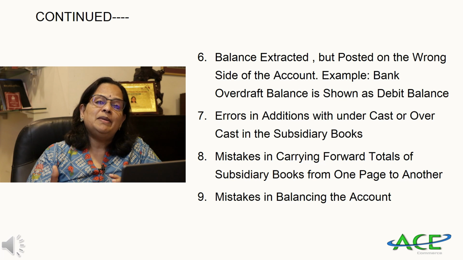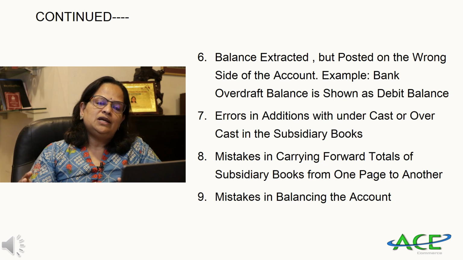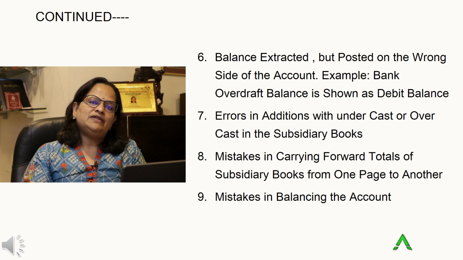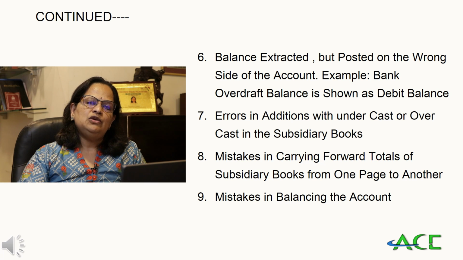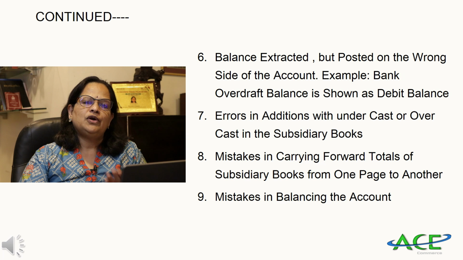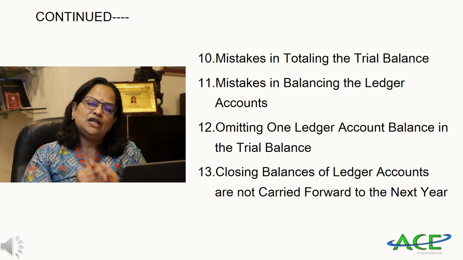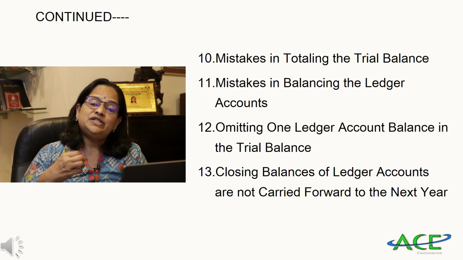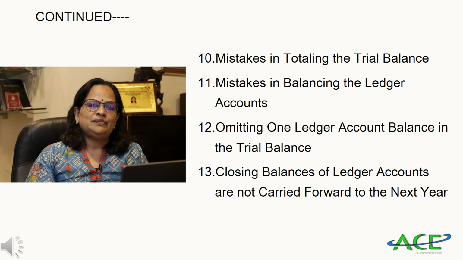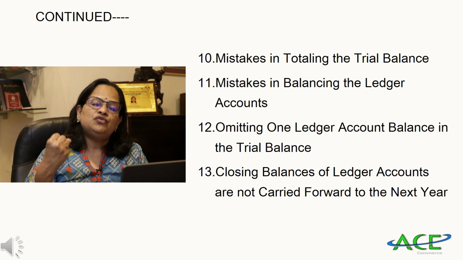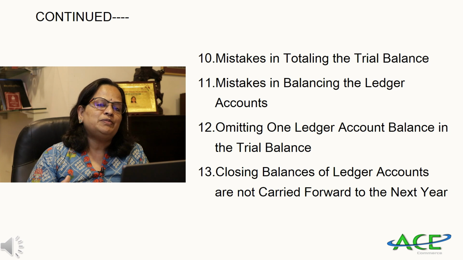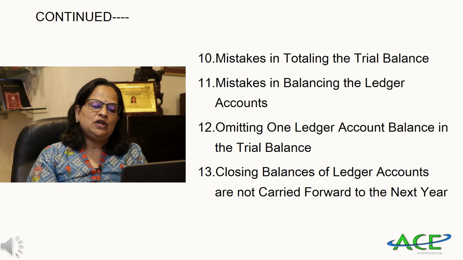Next is mistakes in balancing the account: when you take the total of the account, its total is taken as a different or wrong value. Next is mistakes in totaling the trial balance: when you are tallying the trial balance, you make a mistake. Or a mistake in balancing the ledger accounts. Then omitting one ledger account balance in the trial balance: you forgot to write cash or you forgot to write purchases. Then also the trial balance will not tally.